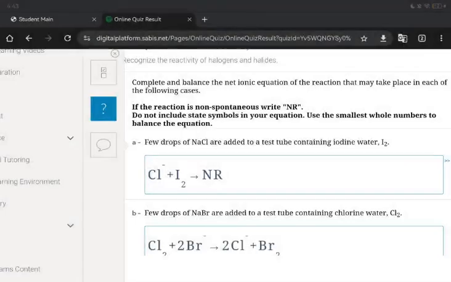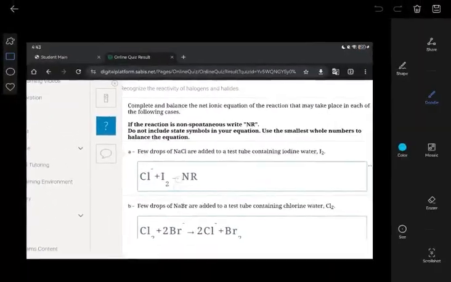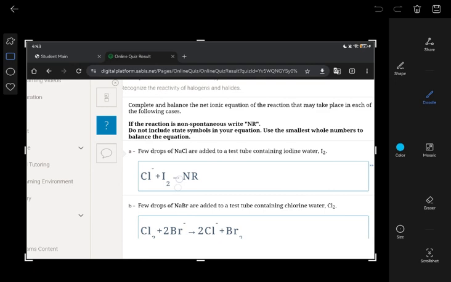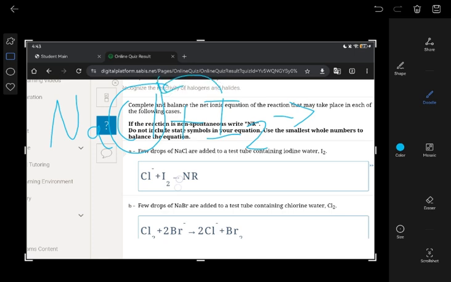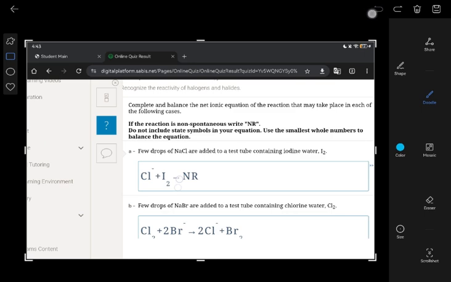So, okay. Let's see. So you have NaCl plus I2. Nothing's gonna happen. Which one is more reactive? It's Cl. So it's not gonna displace it. It can't. And let's say they want it net ionic, yeah?